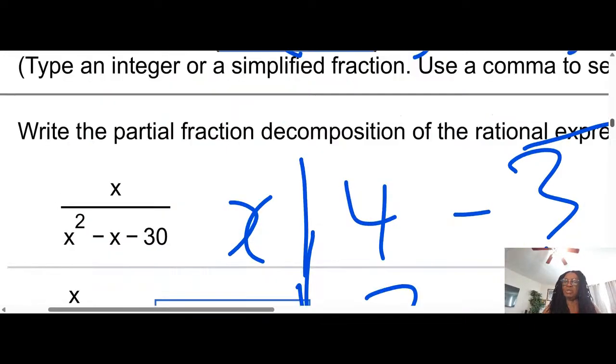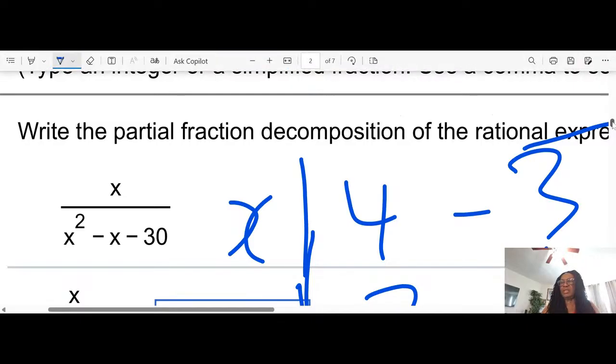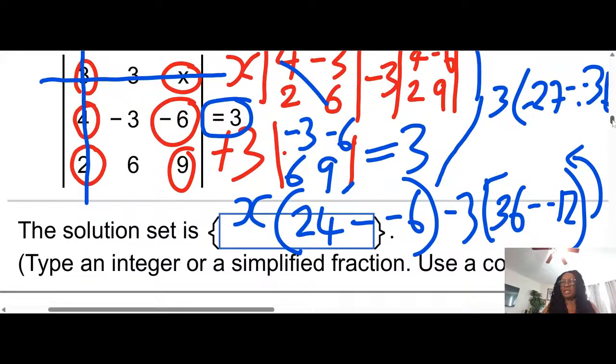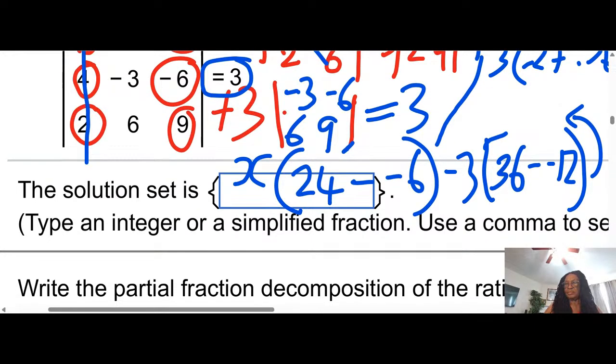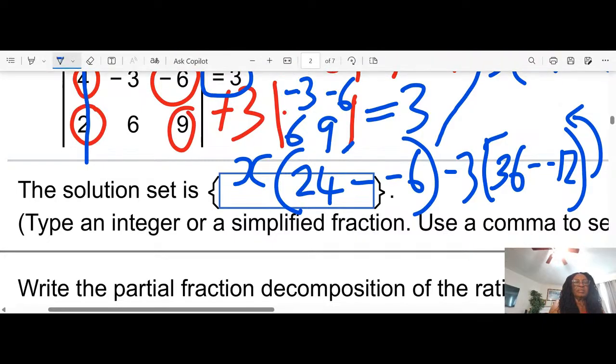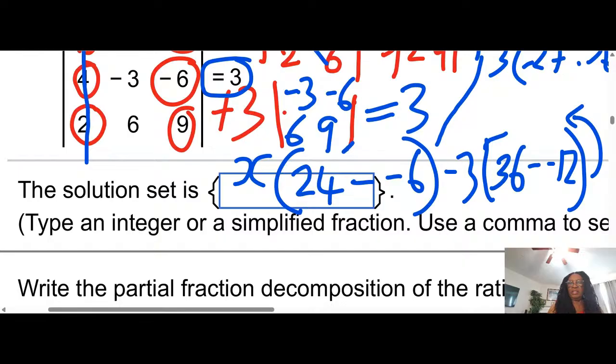So now I am going to collect like terms. Okay, so the first one is 36 minus 6, which is 30.